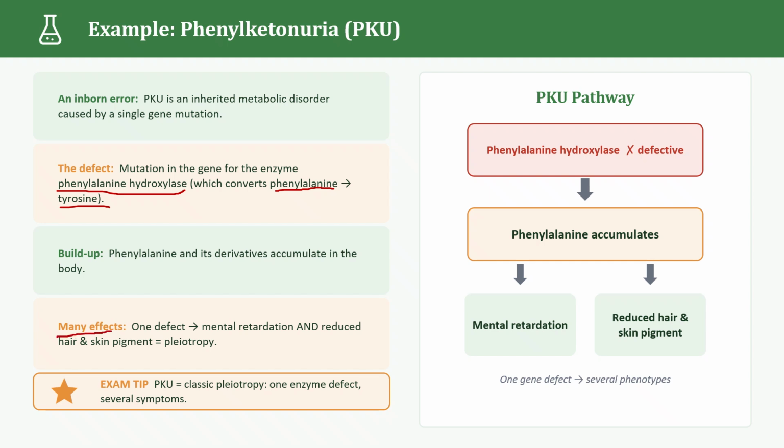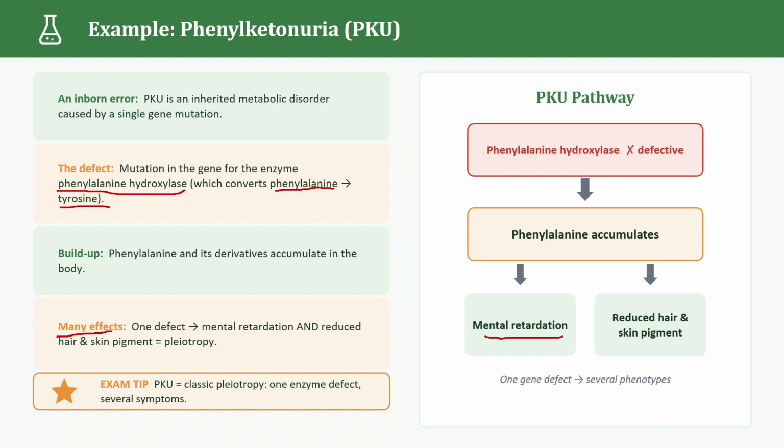Since one defective gene affects several body systems, the individual develops multiple symptoms such as mental retardation, and also reduced hair pigmentation and reduced skin pigmentation. So a single gene mutation causes several phenotypic effects, making PKU a classic example of pleiotropy.